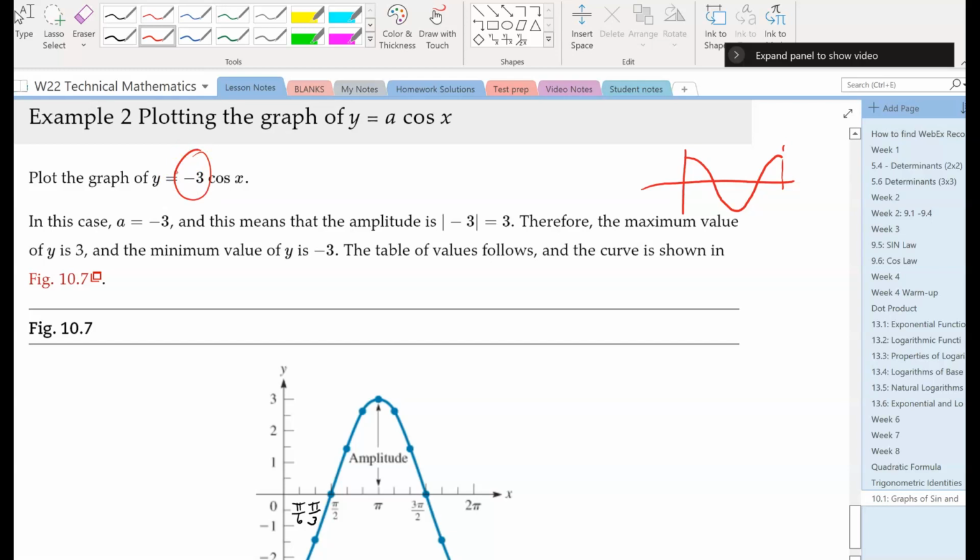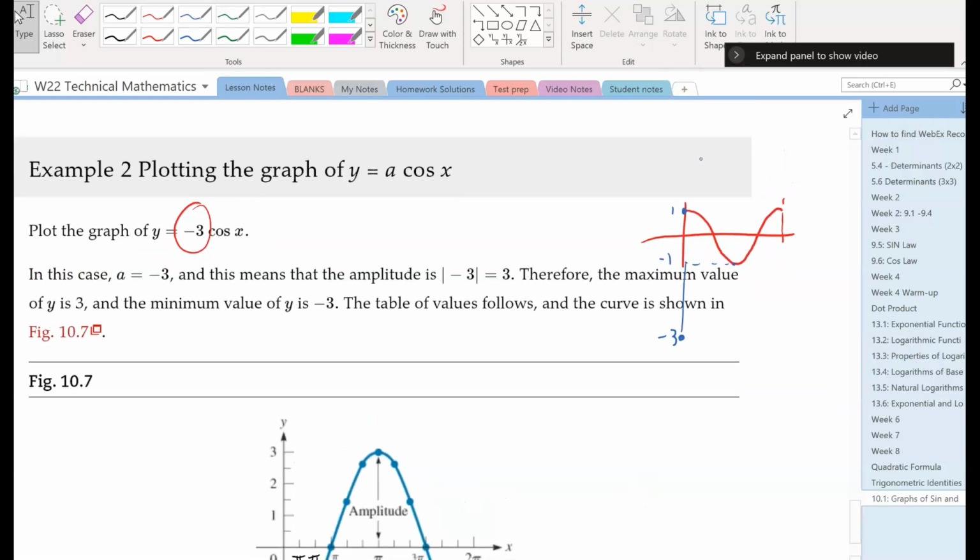So it's going to take this value of 1 and turn it into -3. And it's going to take this value of -1 and turn it into +3. At 0, 0 times -3 is still 0. That's where I say we use these key points to draw the graph. And there it is, done. You can see it down there.